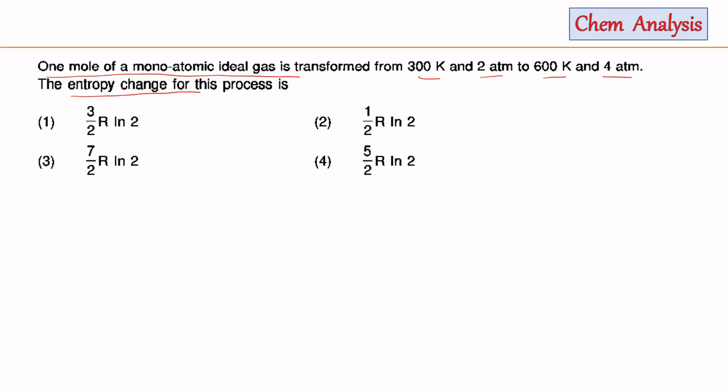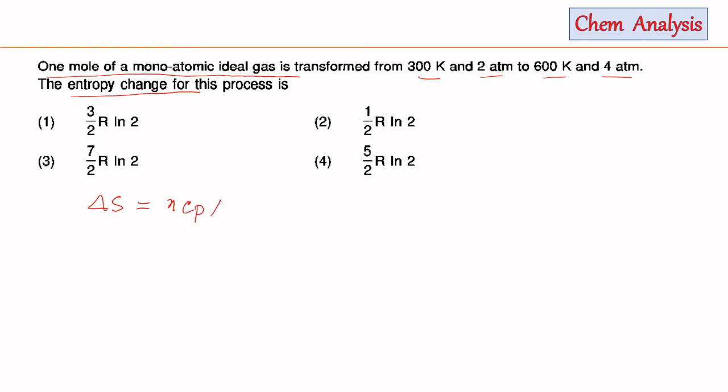If the process is performed at constant pressure, the entropy change will be for n mole of monoatomic or diatomic, whatever, for n mole of ideal gas, when the change is performed at constant volume. First of all I am writing when the process is performed at constant volume, as it is performed here.